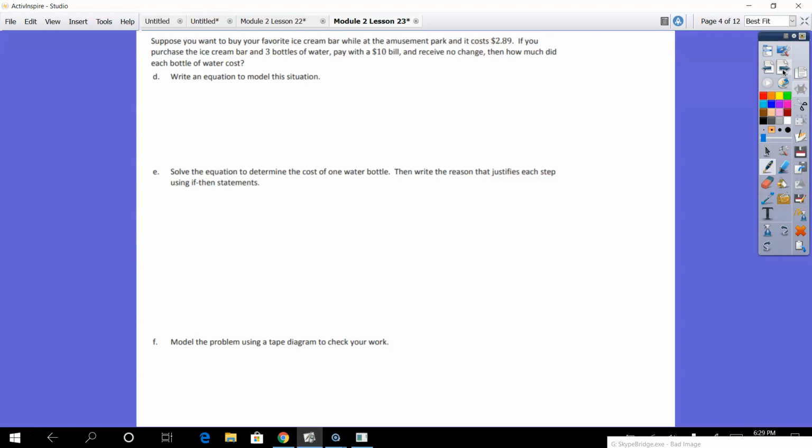Suppose you want to buy your favorite ice cream bar while at the amusement park and it costs $2.89. If you purchase the ice cream and 3 bottles of water, and you pay with a $10 bill, and you get no change, how much did each bottle of water cost? So this $10 is our total.